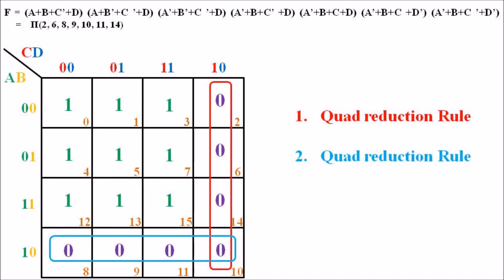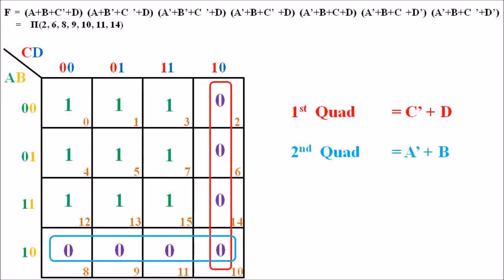Next, we have to write the max term equivalence of these quads. Considering the first quad, marked in red color, since this quad lies in all the rows, the values of A and B are changing, so we have to avoid A and B. It lies in the 4th column, and the values of C and D in that column are 1, 0.